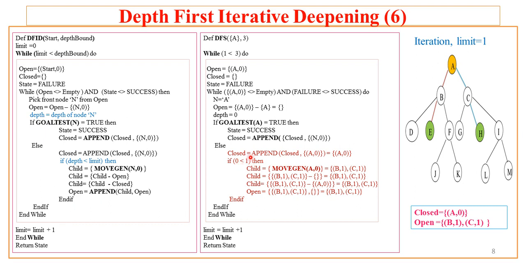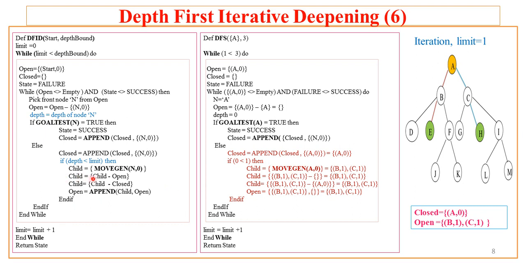Now it gets into the if part. With this current node A and depth value 0, it calls moveGen. What does moveGen do? It will check the list of successors for A. Now the successors of A are B and C at level 1. So it returns B with level 1 value and C with level 1 value. So the child list will be having B and C.